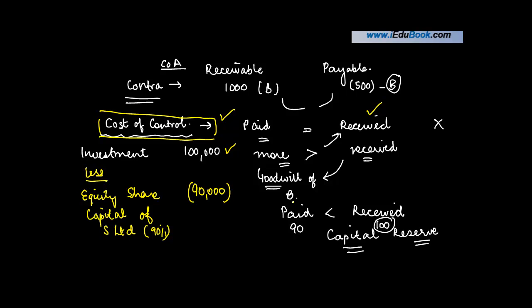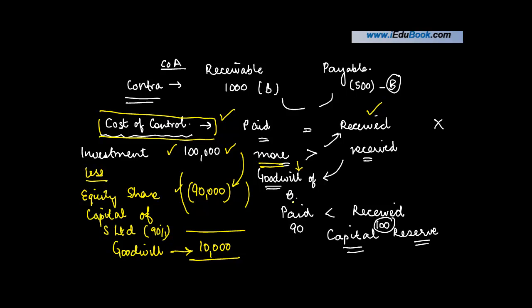Why? What I paid is positive, what I receive is negative, which means what? I have paid 10,000, which is the difference between these two numbers, more than the value of these equity share capital. So what was this 10,000? When I paid more, it means I have paid for goodwill, right? So this 10,000 will accrue to the goodwill account.